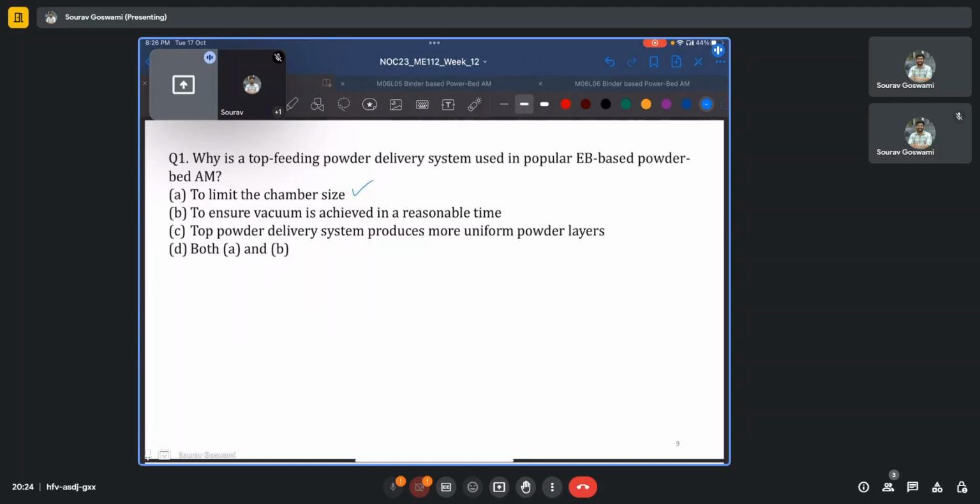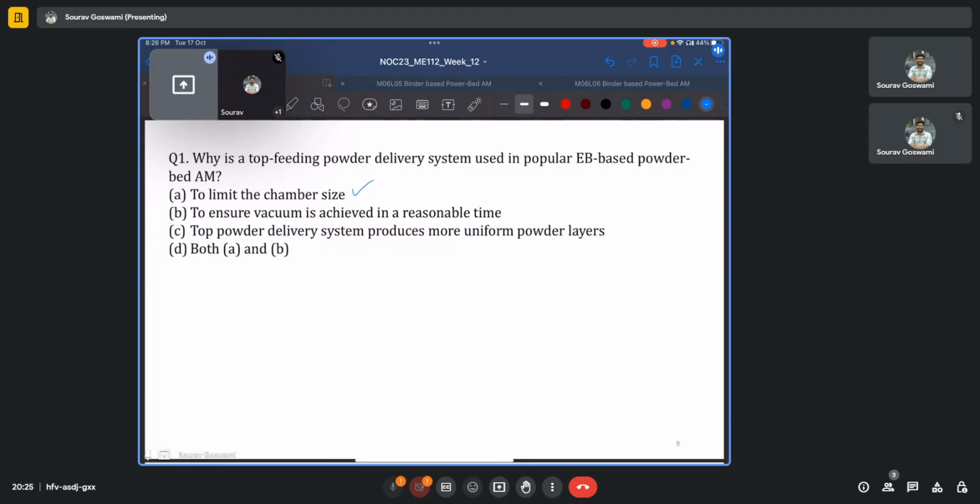If we have a very large build chamber, whether because of the use of the bottom powder feeder or to print larger parts, the volume of air inside would also be very large, and it will take a really long time to achieve vacuum. And we have already discussed why achieving vacuum inside an electron beam based AM process is very important.